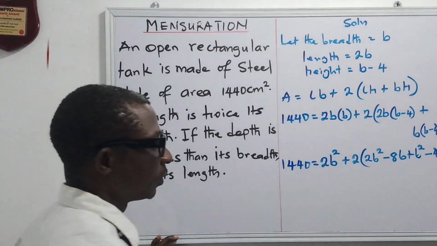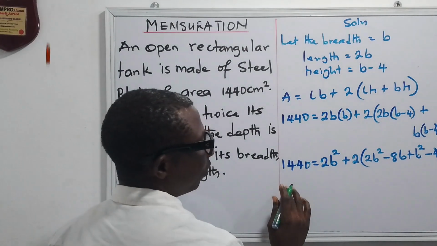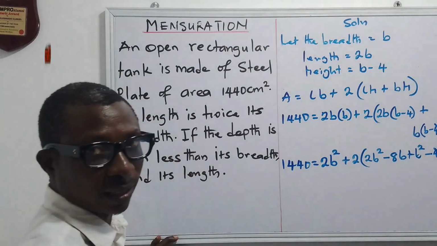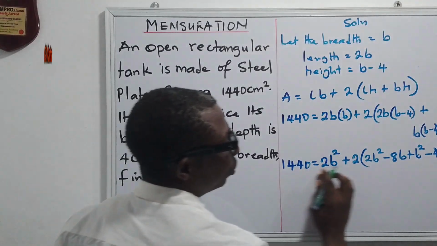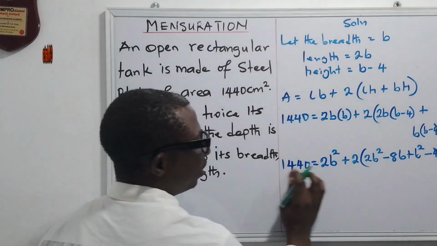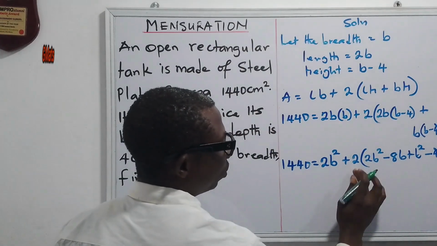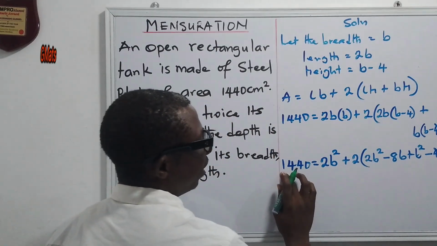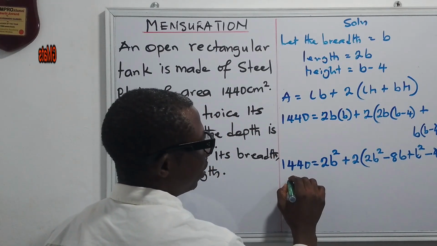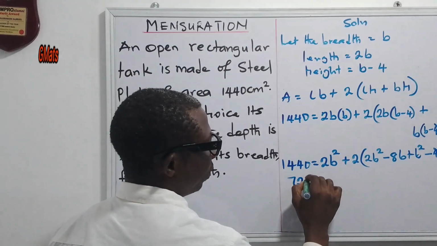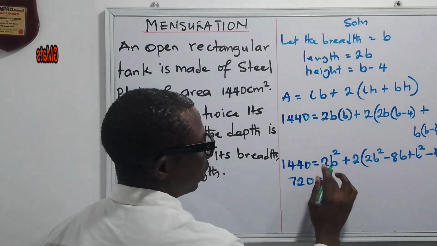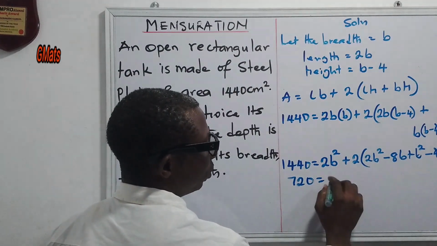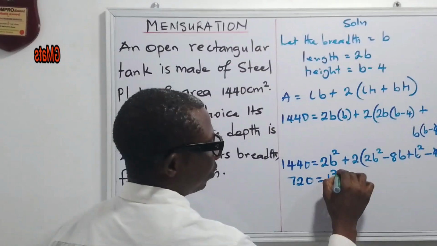Now I want to do two things at the same time. I'm going to divide through by 2. So I'll divide this by 2, this by 2, this by 2. Can we do that? When you divide this by 2, you have 720. Now divide this by 2, you have B squared.